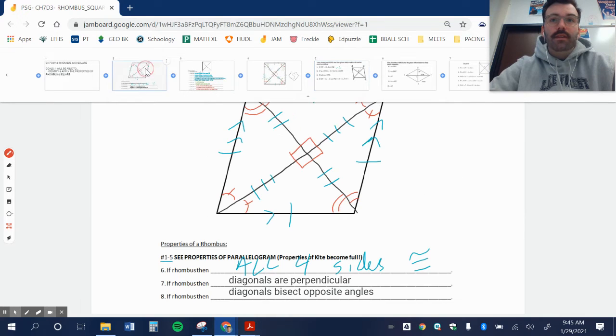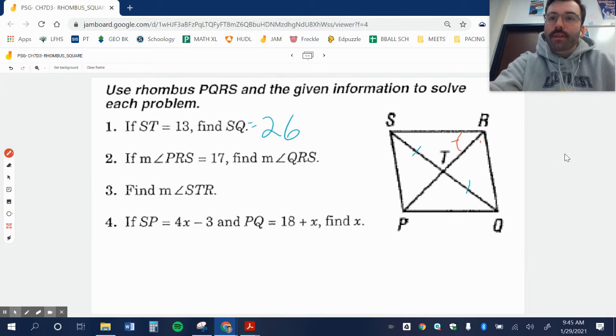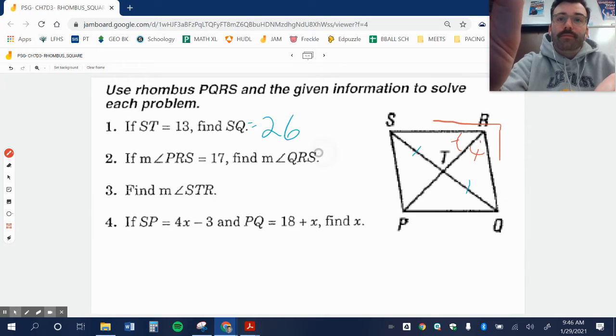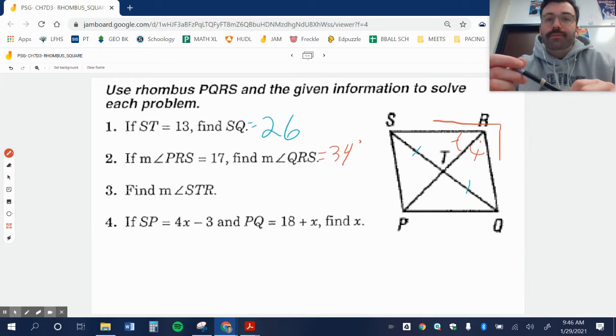Although it's a flip picture, these 2 angles are going to be congruent because the diagonals bisect the opposite angles. So if PRS is 17, then PRQ is also 17, which makes QRS, the whole thing, 34 degrees.